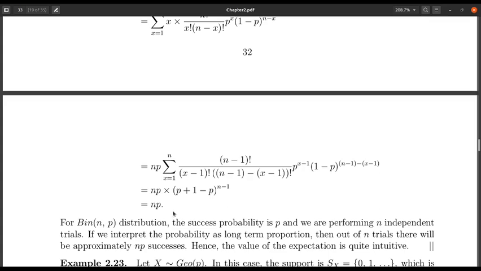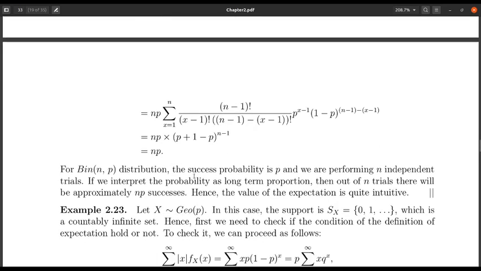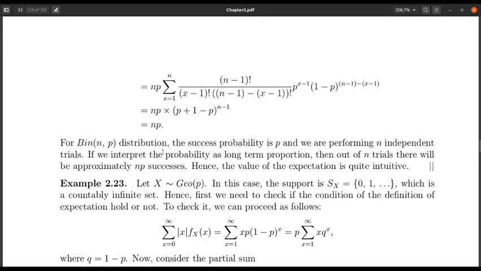So when I repeat the same trial n times, it is expected that there will be np successes, that is, n multiplied by p successes out of small n trials. That is basically my average. So this average is a very intuitive value, and we can easily say that expectation is a meaningful average in this case.